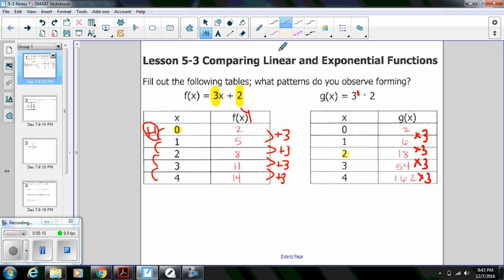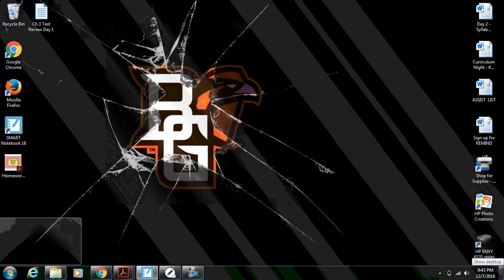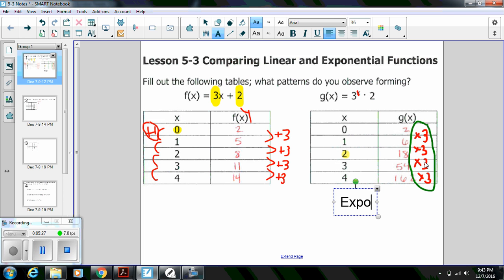This is what we call, right here, a common multiplier. When we have common multipliers, that means we have what we call an exponential function.